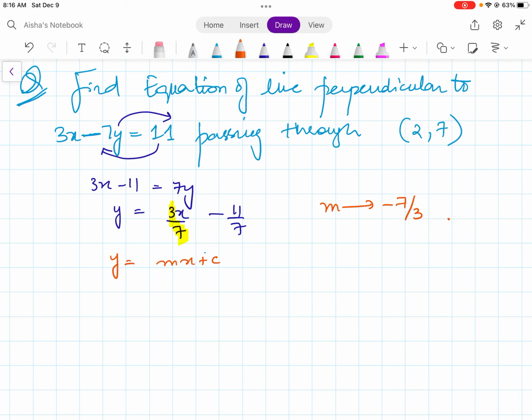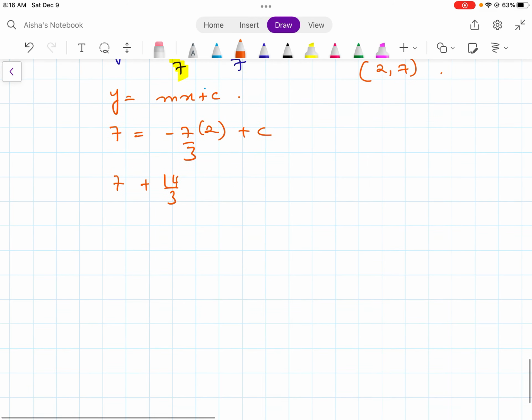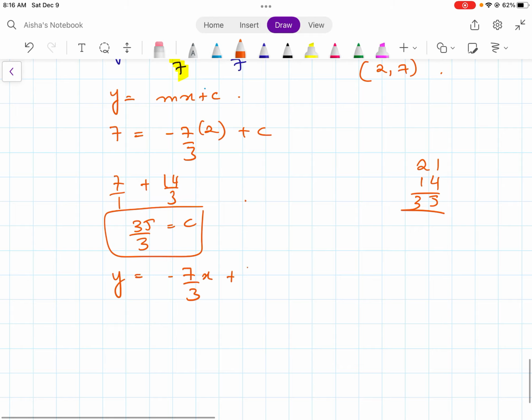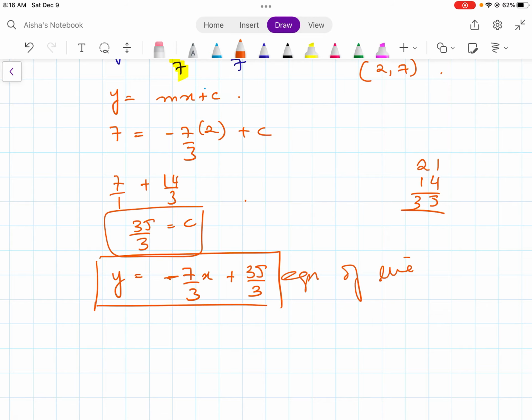Now y equals mx plus c and the point is 2 comma 7. 21 plus 14 gives you 35. When I take the LCM, I do it like this. Minus 7/3 x plus 35/3. This is my equation of line.